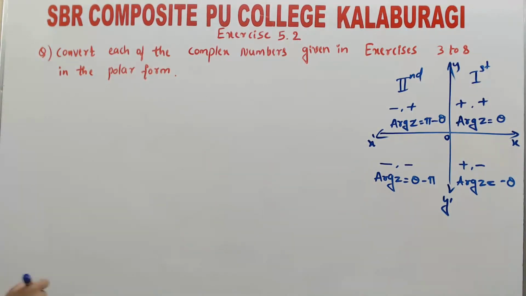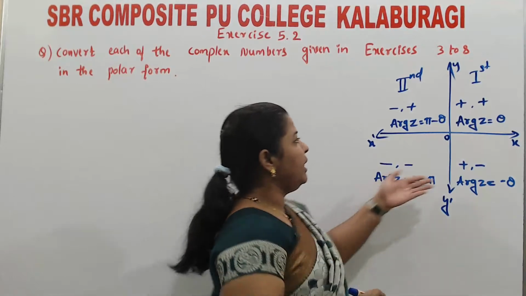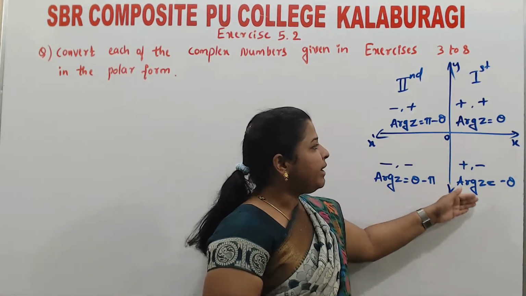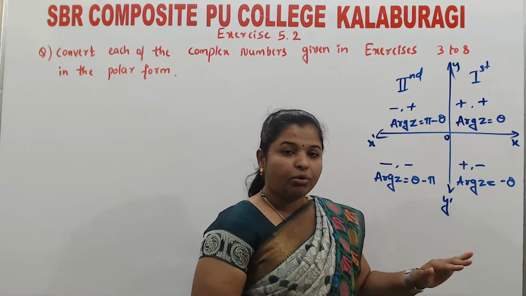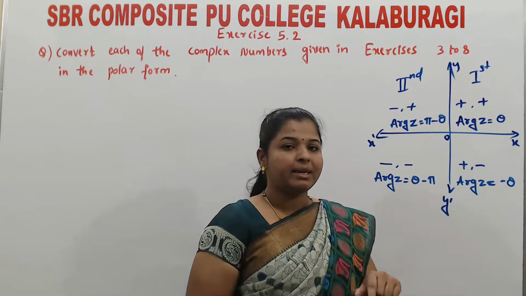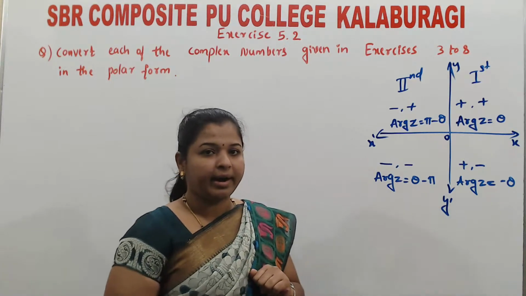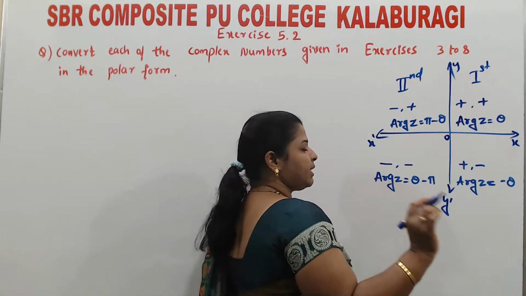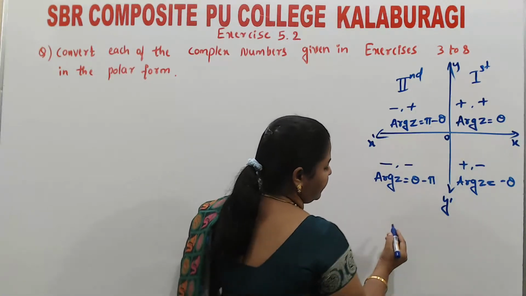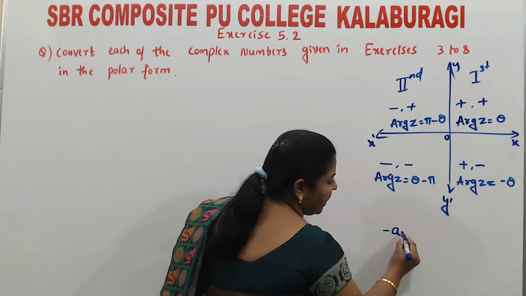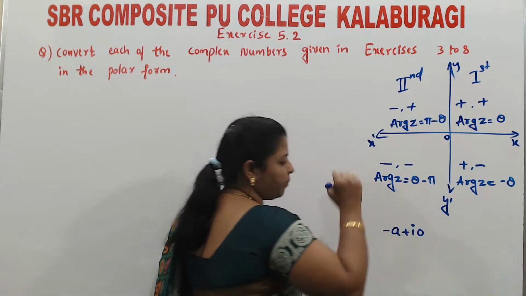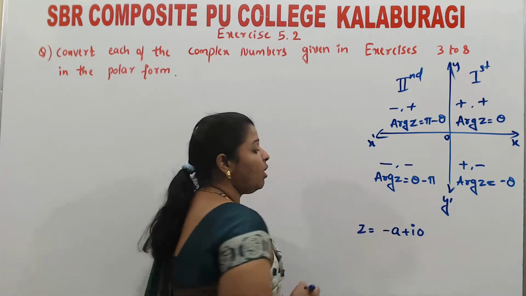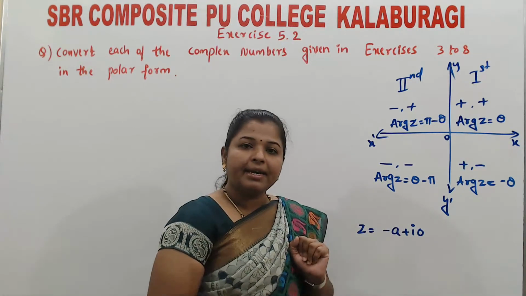Suppose a given complex number is, these four are the quadrants, right? Before writing argument of z, we have to check in which quadrant the complex number exists, right? Here we have to remember one thing. Suppose a given complex number z is equal to minus a plus i 0.